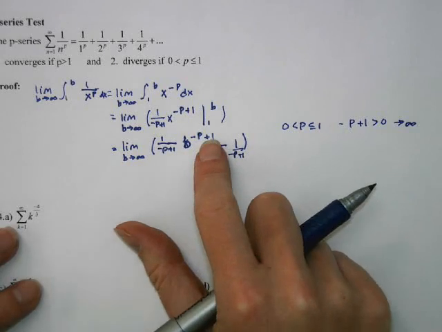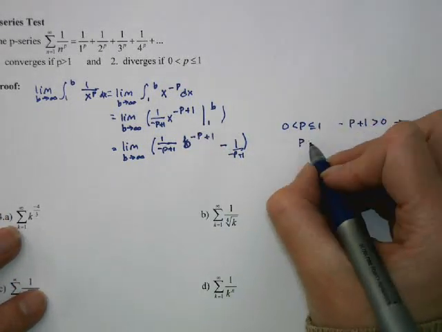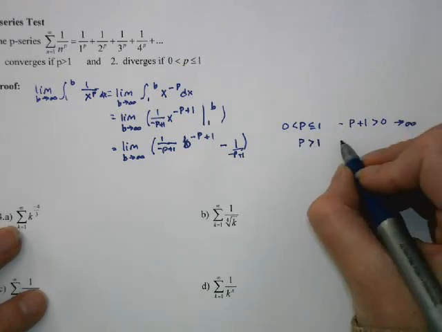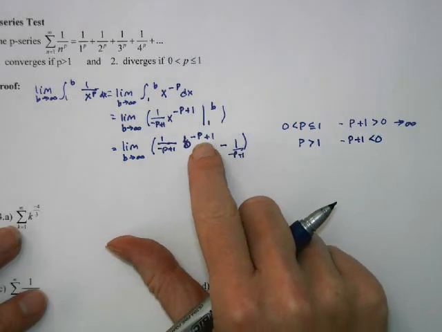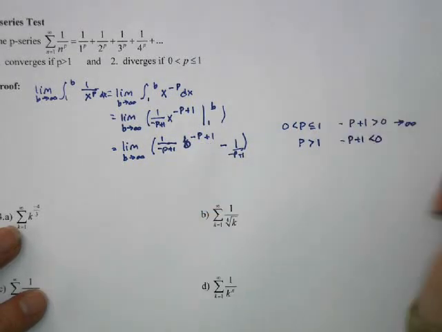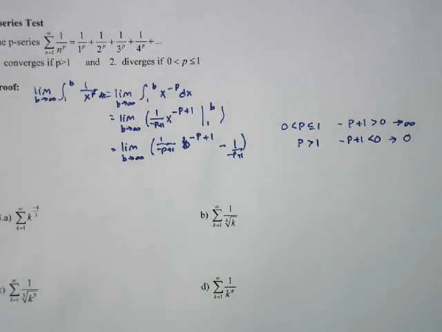If this is a positive exponent, it's just going to grow. But if p is greater than 1, that means negative p plus 1 is less than 0, making this exponent negative, which means when we go to infinity, we're going to 0.